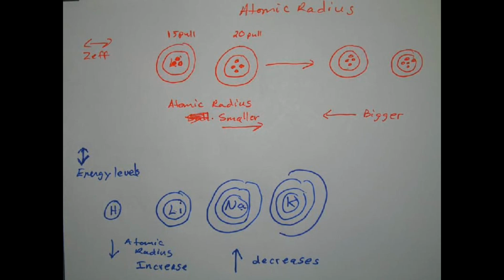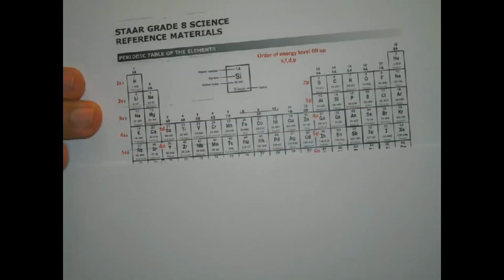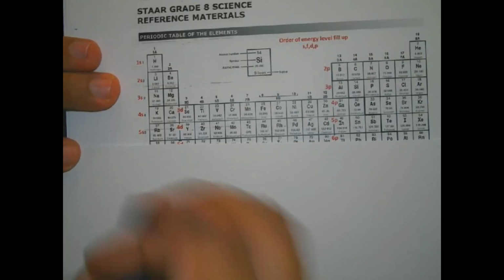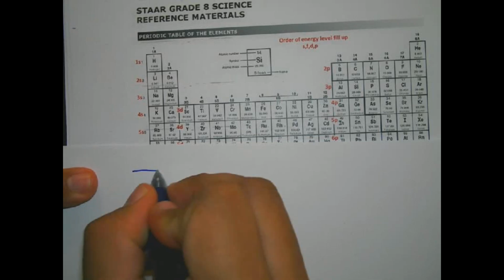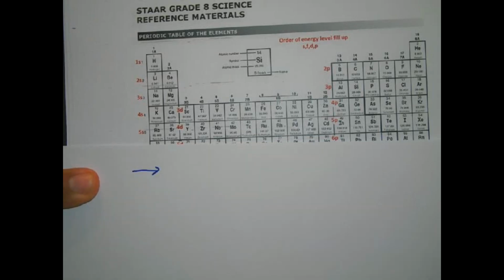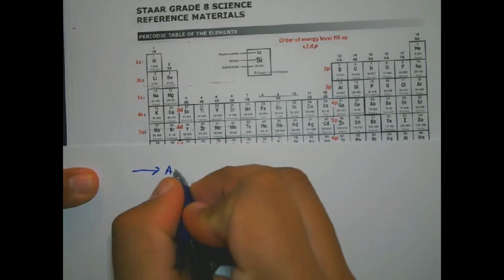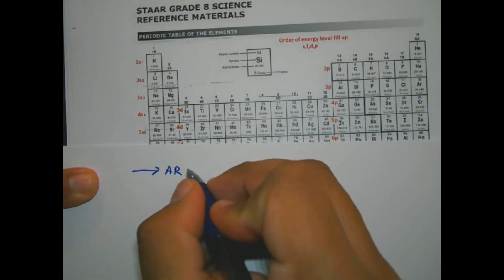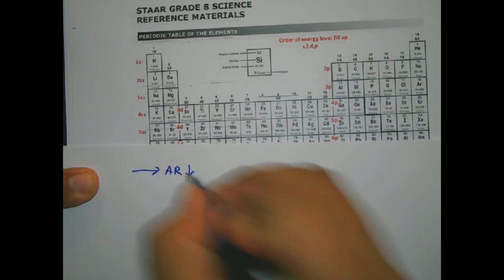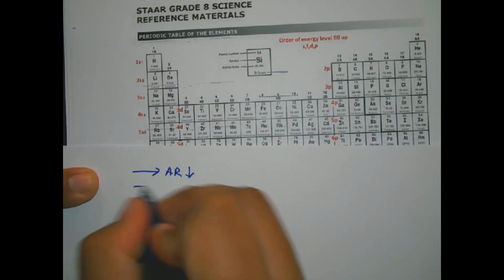So, guys, this is the trend for atomic radius. Let me do a quick recap. Let's make this simple. I'm just going to give you the trend, and I'll show you how the trend was derived. If you're moving right on the periodic table, atomic radius (AR) goes down, right?